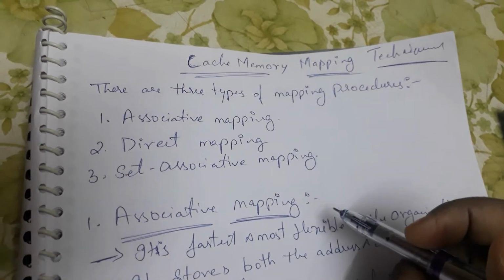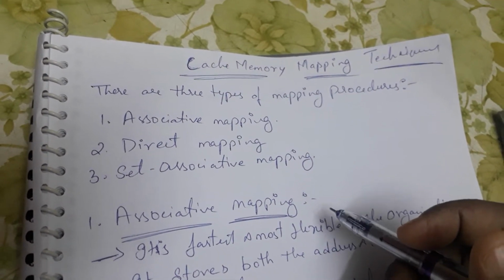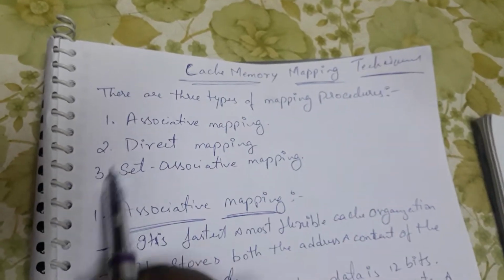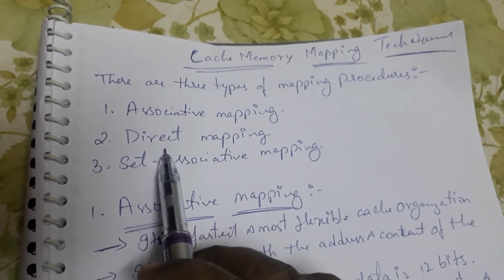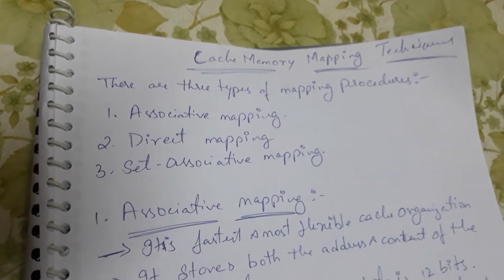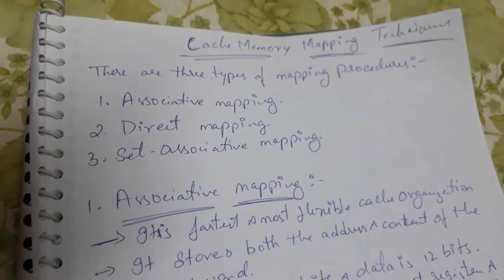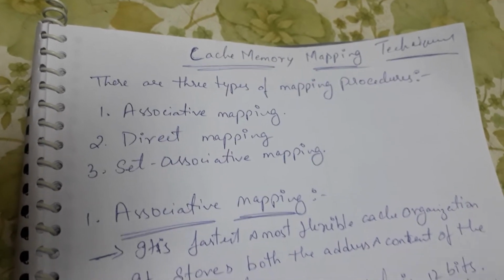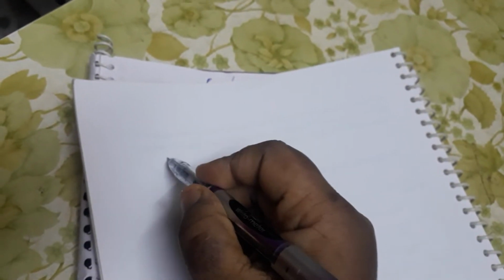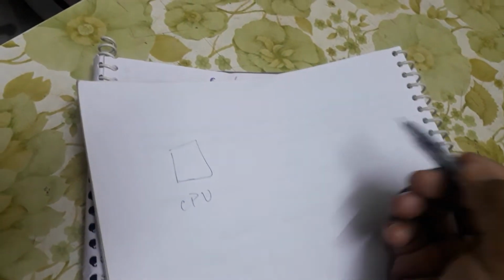So there are three types of mapping procedures or mapping techniques: associative mapping, direct mapping, and set-associative mapping. So what are we actually discussing here? What are these mapping techniques? As we have seen in the last class, if the CPU is asking for any data, it is searched in the cache memory.